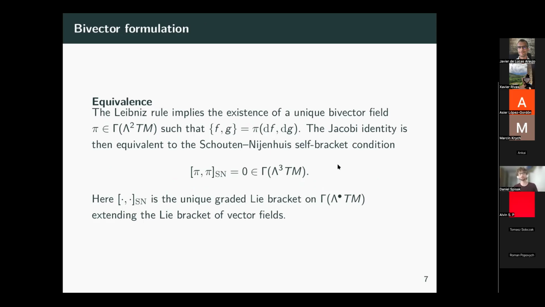Then the Jacobi identity is equivalent to the Schouten-Nijenhuis self-bracket condition: taking the bivector with itself in the Schouten-Nijenhuis bracket, we get 0. The Schouten-Nijenhuis bracket is the generalization of the standard Lie bracket to polyvector fields.